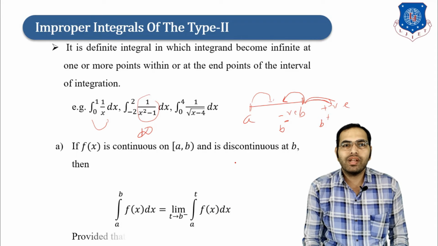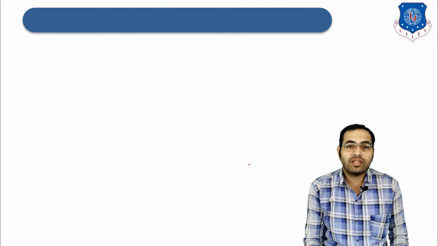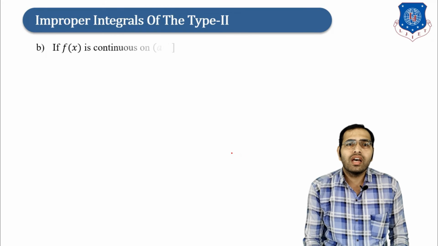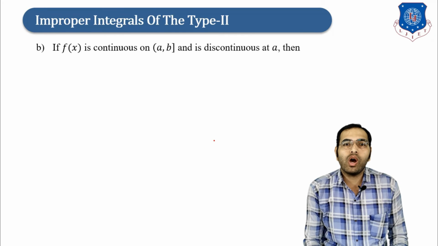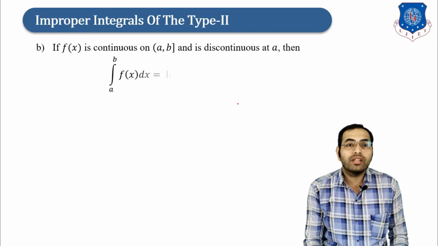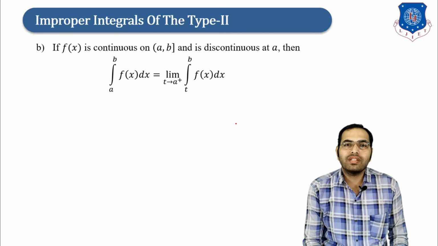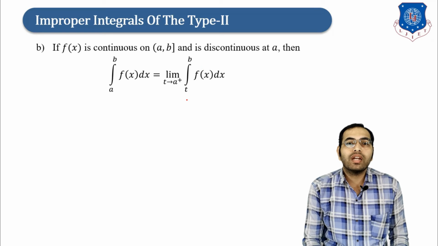Similarly, we discuss the second case: if f of x is continuous on the interval a to b, with a open and b closed, and is discontinuous at a, then the integral from a to b of f of x dx equals limit t tends to a plus of the integral from t to b of f of x dx.